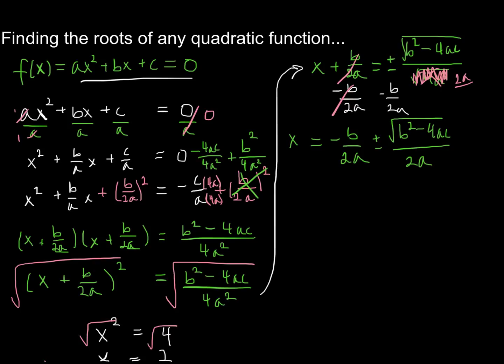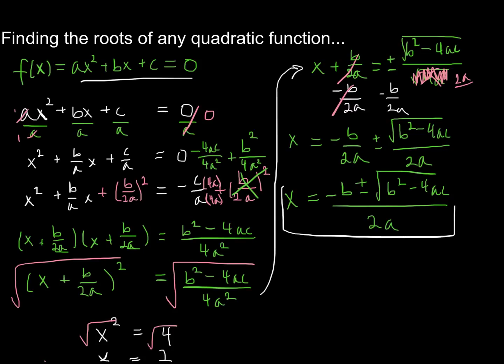So my final solution is that x is equal to negative b plus or minus the square root of b squared minus 4ac all divided by 2a. And this is the x value, or values, because there's going to be two of them in almost all cases. This is the x value that solves for the roots, right? These are the roots, the x-intercepts or the zeros.